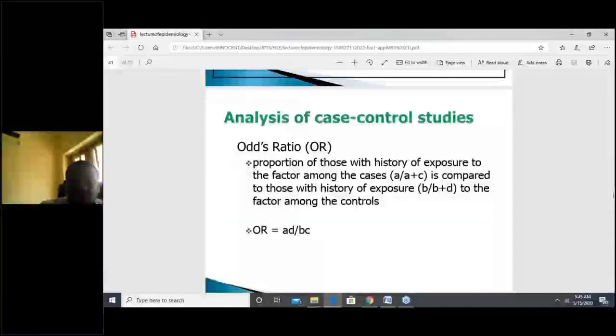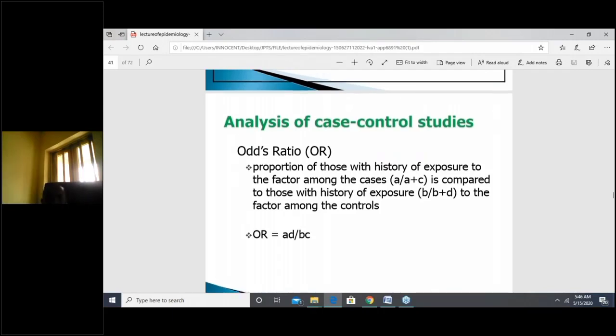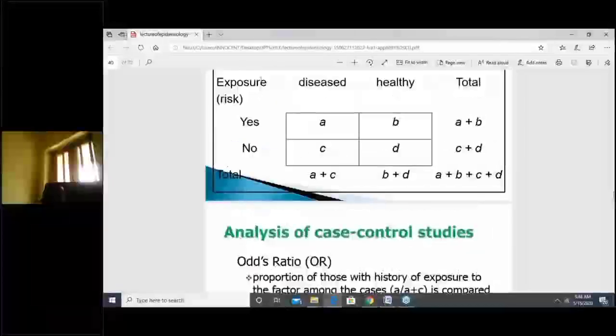So you are using it to do your analysis. Now, in analysis of case control, there's something we call odds ratio. What is the odds ratio? The odds ratio is the proportion of those with history of exposure to the factors among the cases. So we said exposure risk, yes; exposure risk, no. Odds ratio, A over A plus C. Are you getting it?